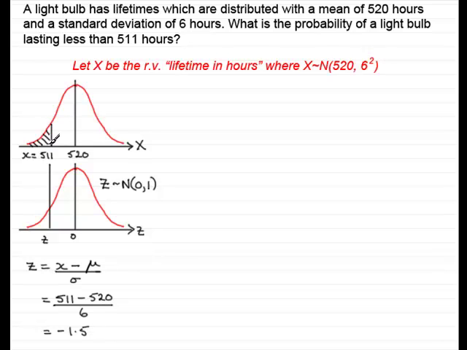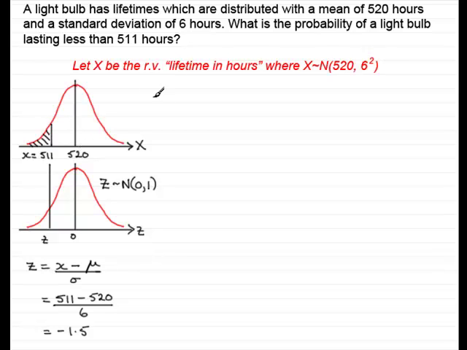That is, the observed value 511 is 1.5 standard deviations below the 520. You can actually see that because the standard deviation is 6 and 1.5 standard deviations would be 9 hours. If I step back from 520 by 9 hours, you'd get to 511, 1.5 standard deviations below the mean.